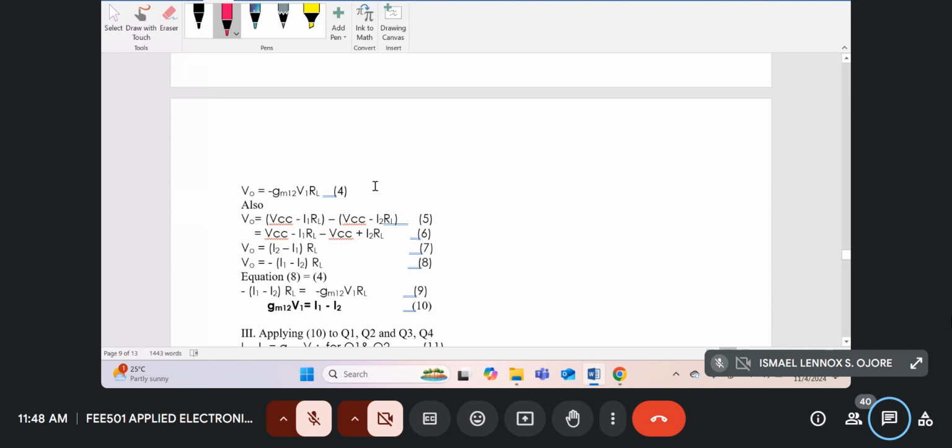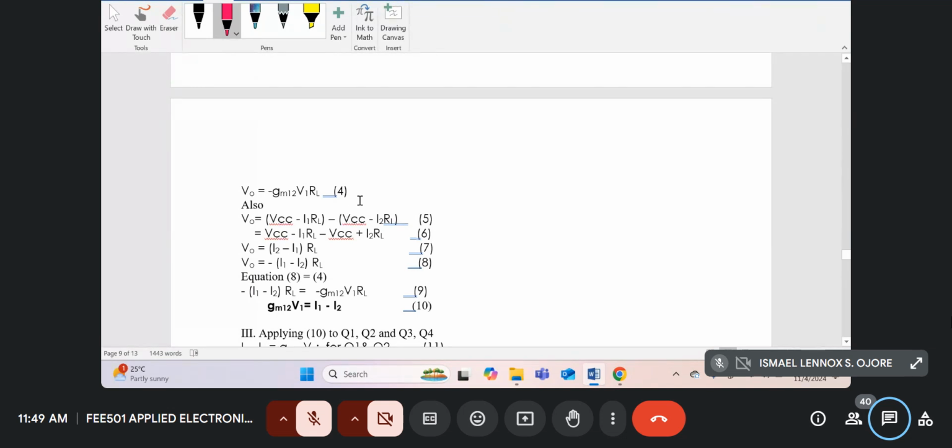So GM12 is the transconductance of the differential amplifier comprising transistor 1 and transistor 2. The minus sign there is because the signal is inverted. When the input goes high, the collector voltage of transistor 1 falls, so it's inverted.